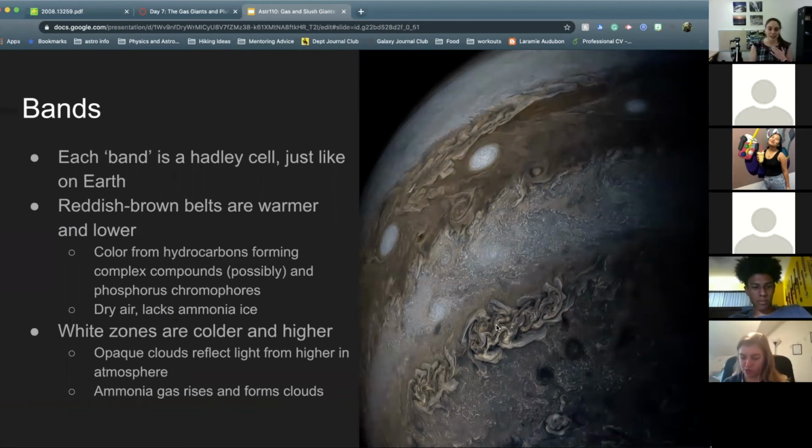The reddish brown belts are warmer and slightly lower in the atmosphere. The white bands are higher and slightly colder. The colors are caused by the composition.